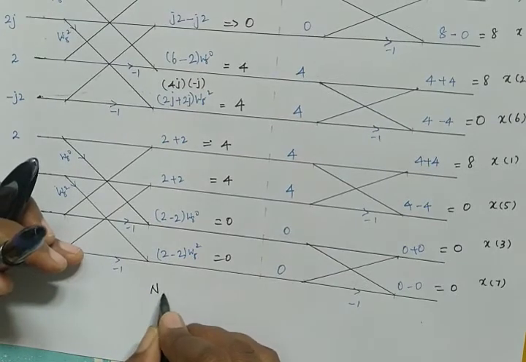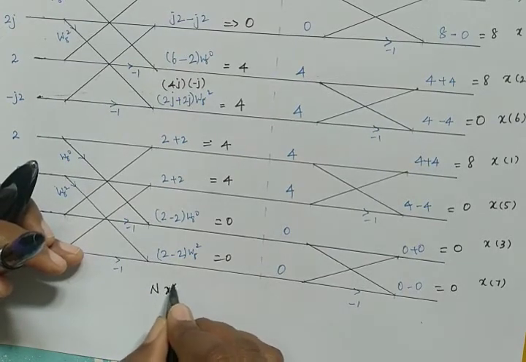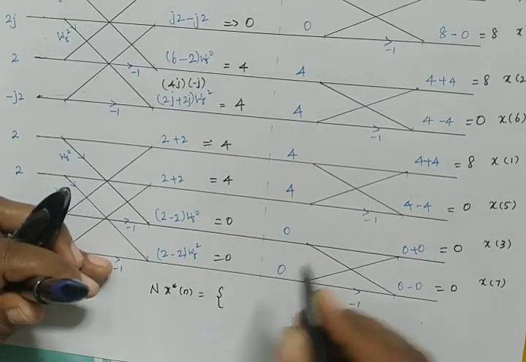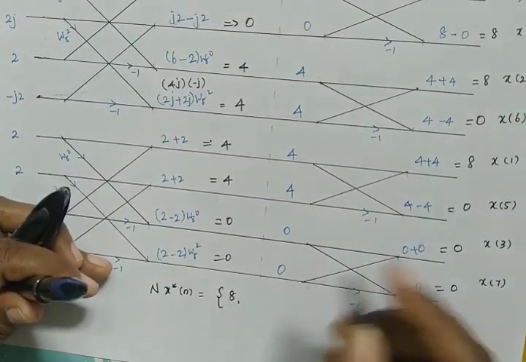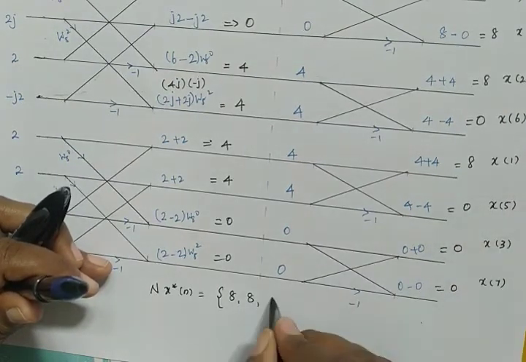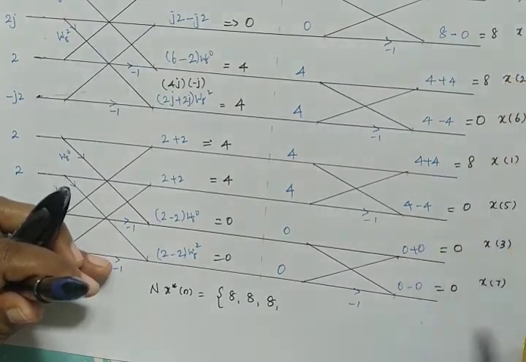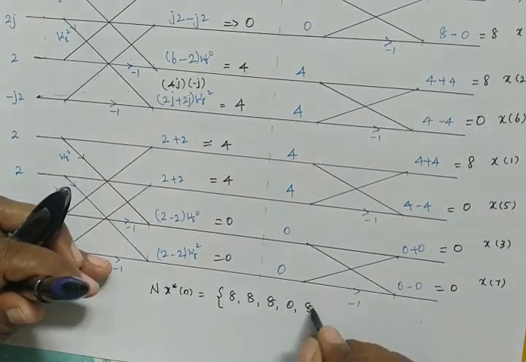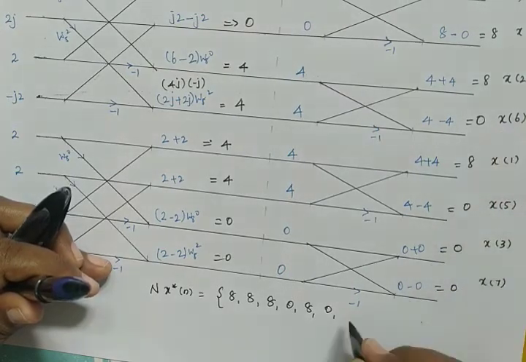So that is N into X star of n will be equal to our values: X of 0 is 8, X of 1 is 8, and X of 2 is 8, X of 3 is 0, X of 4 is 8, and X of 5 is 0, X of 6 is 0, X of 7 is 0.